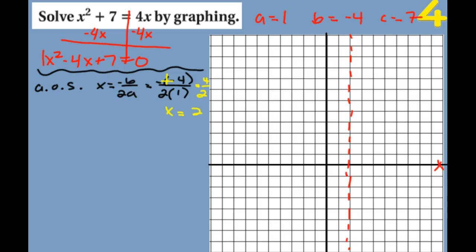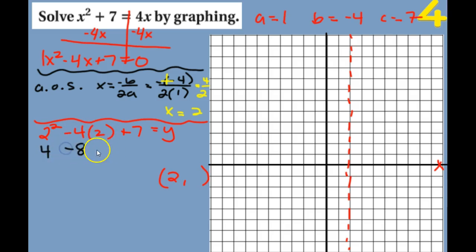And then we need to plug that back in to find y, or our vertex. So we know x is 2, we need to find y. So we have 2 squared minus 4 times 2 plus 7. That would give us y. 2 squared is 4. 4 times 2 is 8, so minus 8 plus 7 equal to y.